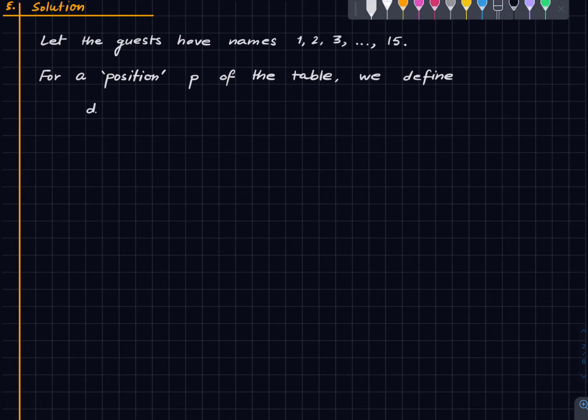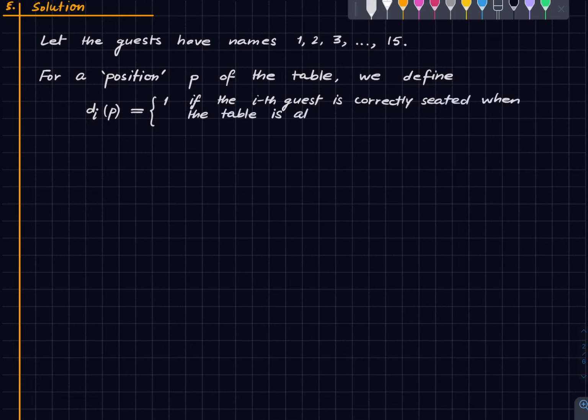d_i(P) as 1 if the ith guest is correctly seated when the table is at position P, and 0 otherwise.